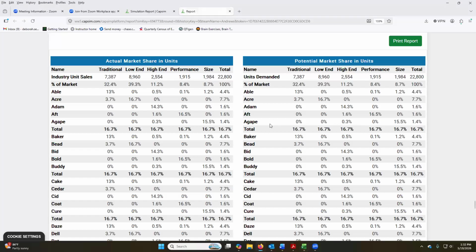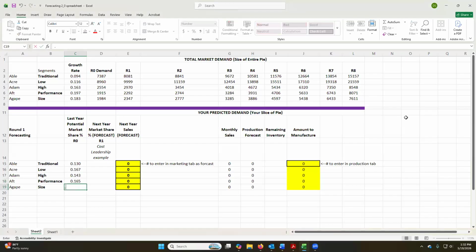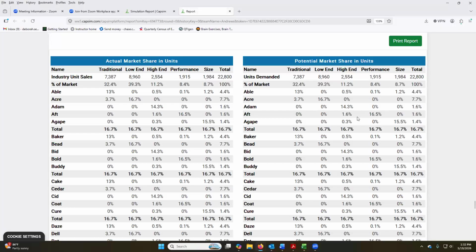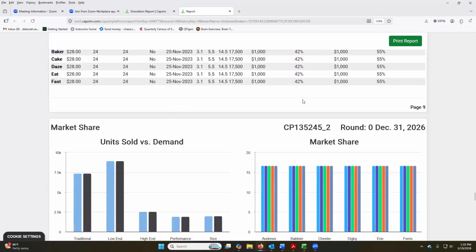And Agape had a 15.5% market share. Okay. So if you notice, a couple of these products, for example, Acre, sold to both. It had a 16.7% market share of the low end and then 3.7% market share of the traditional segment.